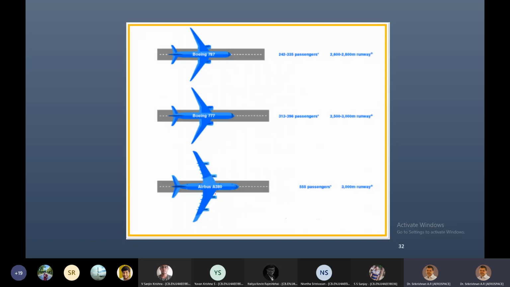The A380 requires about 3 kilometers of runway. So very obviously the runway length requirement depends on the largest aircraft that it has to handle. And then you have, of course, the width, which is also related obviously to the size, the span of the largest aircraft it has to handle.